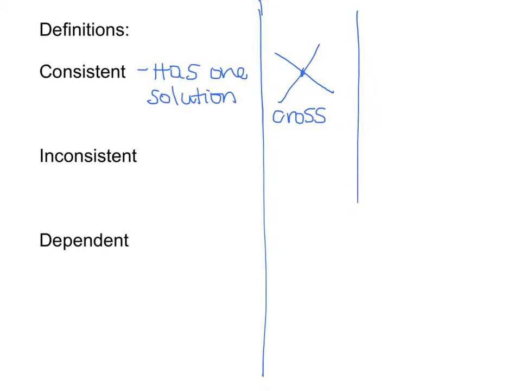If you try to solve the system of equations using substitution or elimination, you will get some value for x and you will get some value for y.